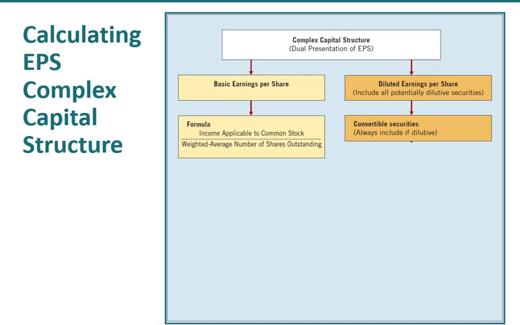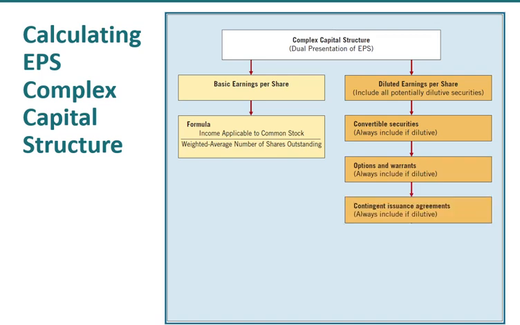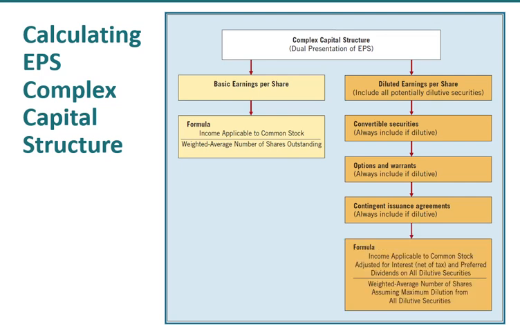Again, we include them only if they're dilutive. Options and warrants if they're dilutive. And then other contingent issues we include if they're dilutive. And finally, we calculate our diluted earnings per share by adjusting our numerator for dilutive securities and the denominator, our weighted average shares outstanding.